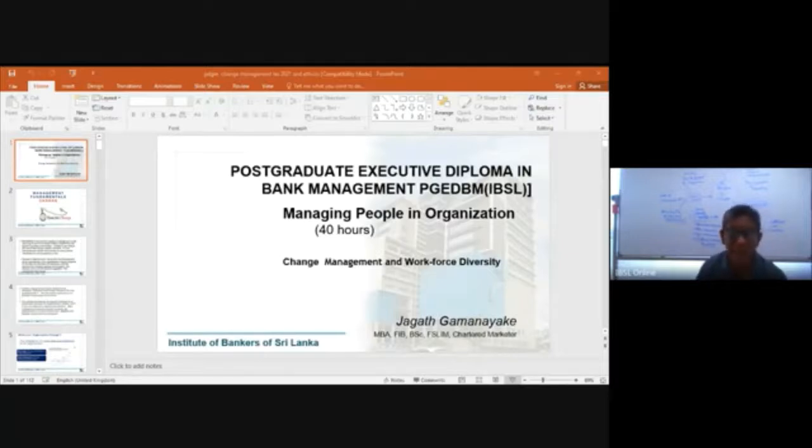How do we conduct the process of change management? Change, as we discussed earlier, is inevitable, because of internal triggers or external triggers. Therefore, an organization needs to constantly devise mechanisms to manage change.